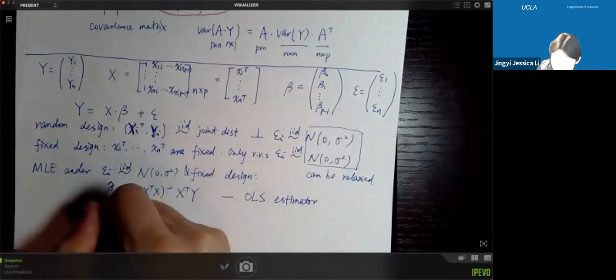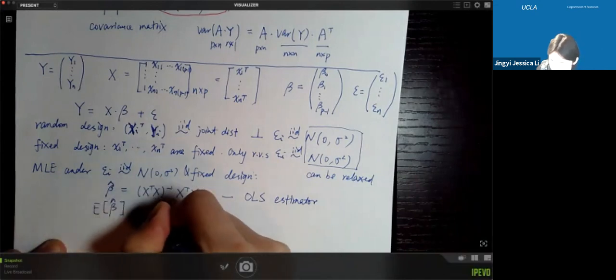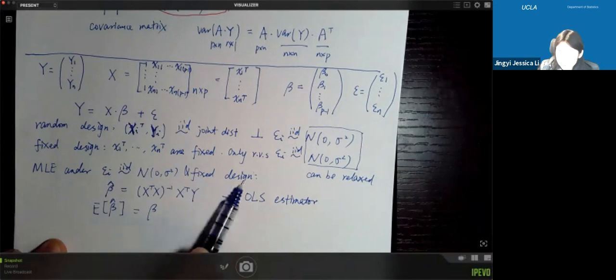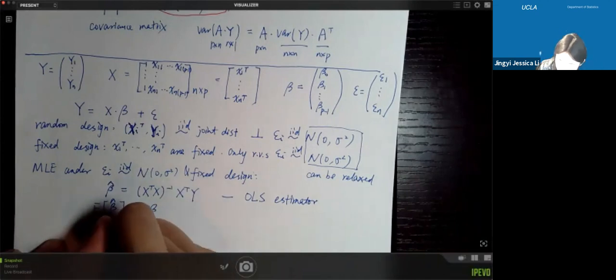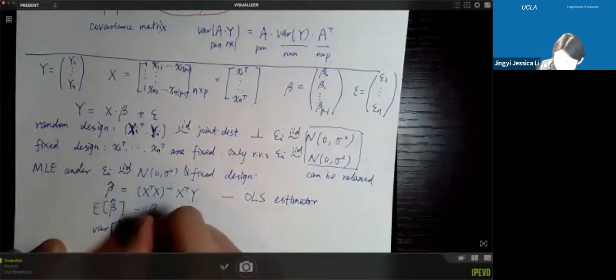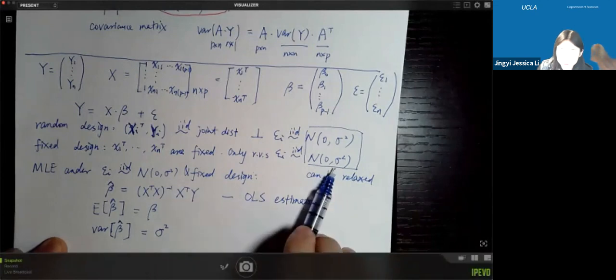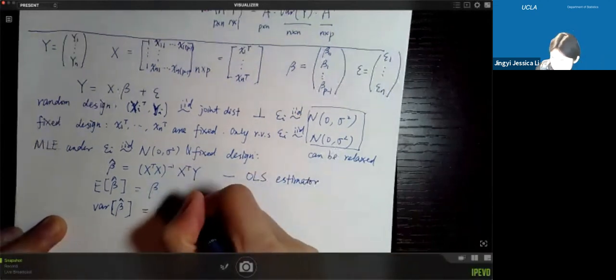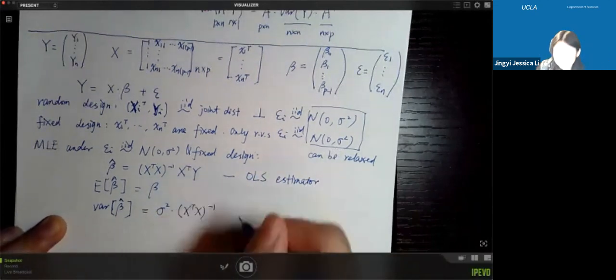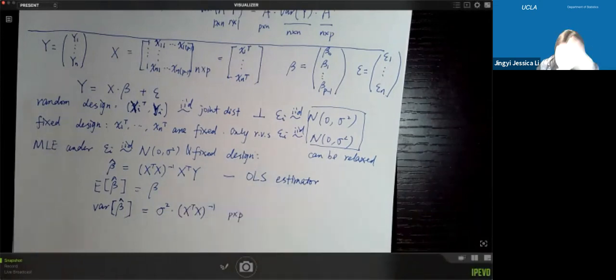Last time we derived that its expectation is just beta, of course, under the fixed design. And its variance under the fixed design will be sigma squared, that's the variance of the error term, times X transpose X inverse. So as you can see, this is a P by P covariance matrix.